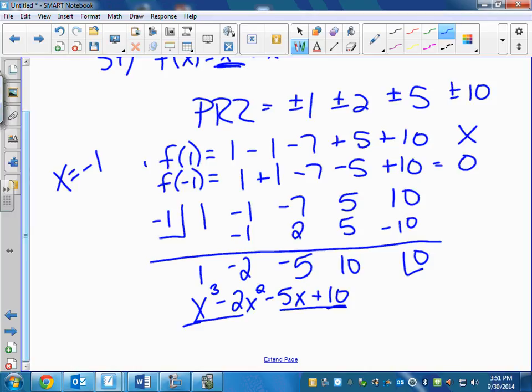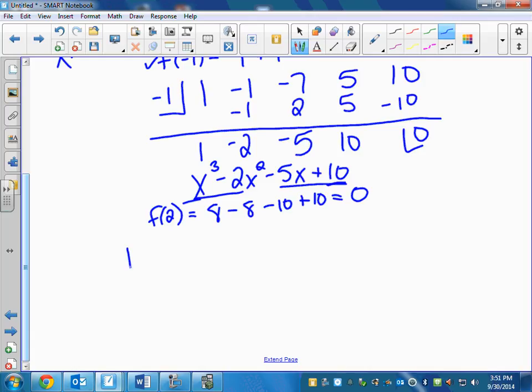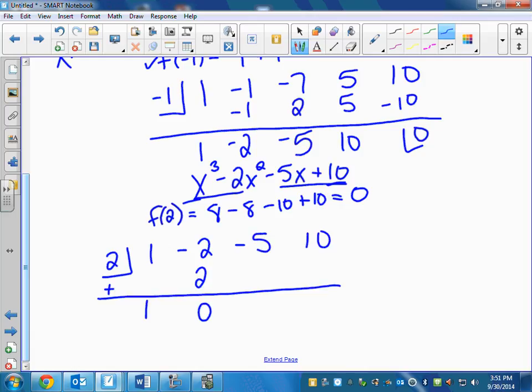And so if I checked 1 and -1, I'm going to go now and check 2, and I get 8 minus 8 minus 10 plus 10. Which I think that also equals 0. So now if I factor or divide out 2 with what's left, 1, -2, -5, and 10, now I get my quadratic, which was going to be x squared plus 0x minus 5.